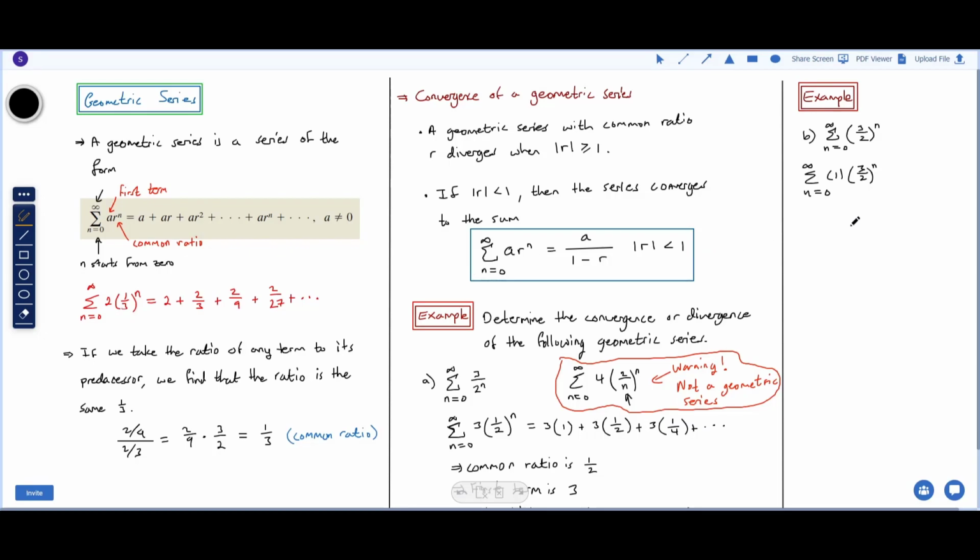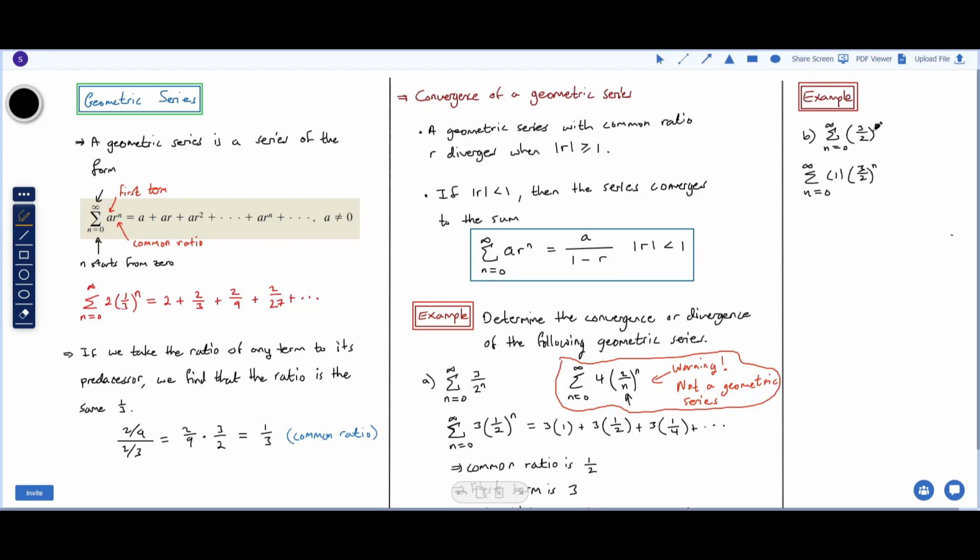Yeah. If you have a variable x, it's the same thing as 1 times x. You just don't need to write the 1. Just like this one, 3 over 2 to the power of n is the same thing as 1 times 3 over 2 to the power of n. Also, the leading term, you can get it just by calculating what the first term is.